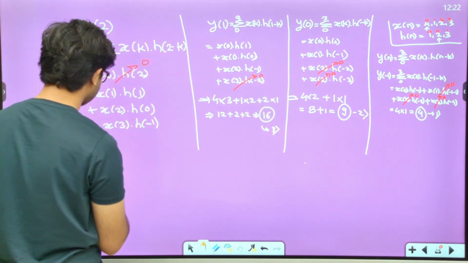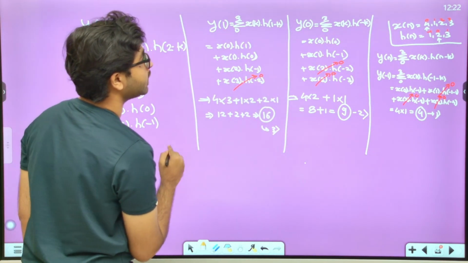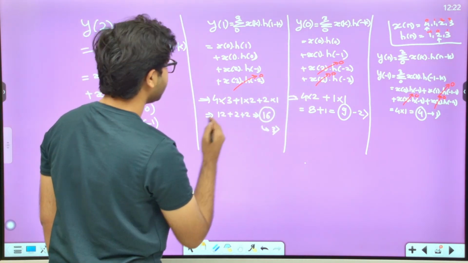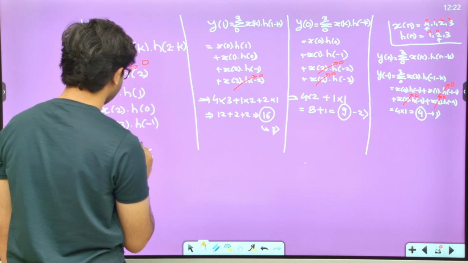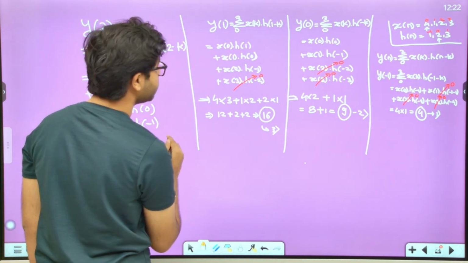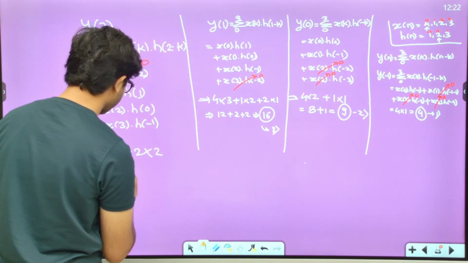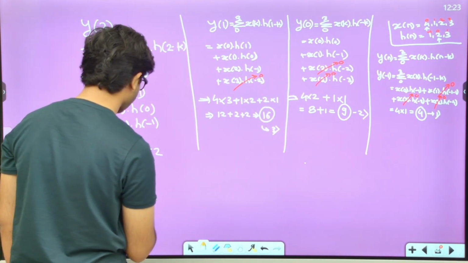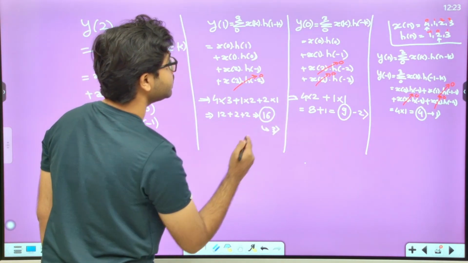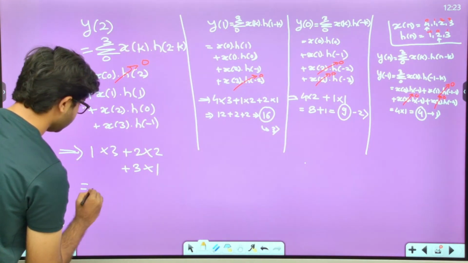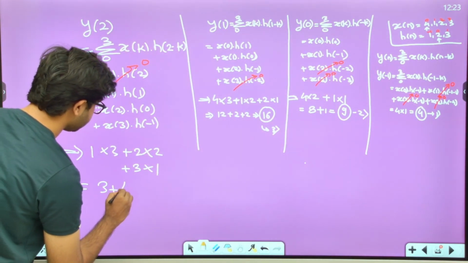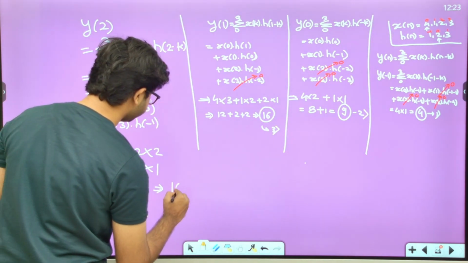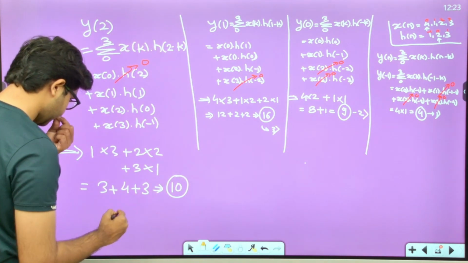X of 1 is 1 into h of 1 is 3 plus x of 2 is 2, and h of 0 is 2 plus x of 3 is 3 and h of minus 1 is 1. So 3 plus 4 plus 3. It will be 10. Okay.